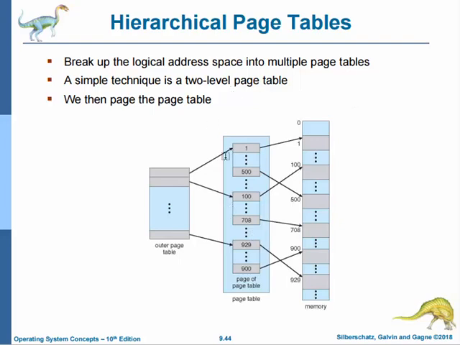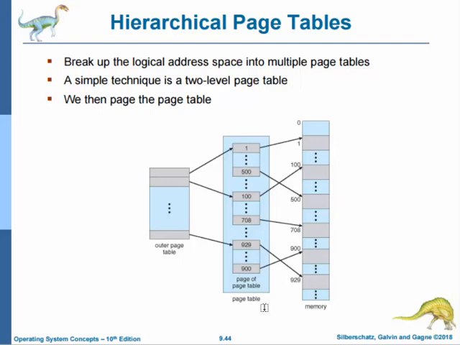One way is to use a two-level paging algorithm in which the page table itself is also paged. In this example, we have a 32-bit logical address space and a page size of 4 kilobytes, wherein a logical address is divided into a page number consisting of 20 bits and a page offset consisting of 12 bits.